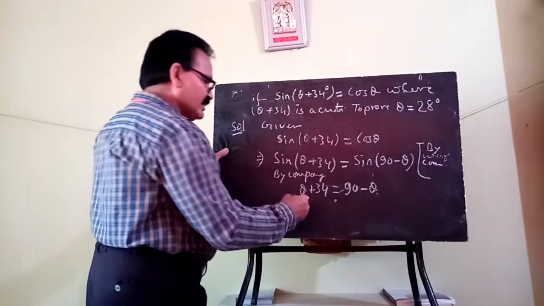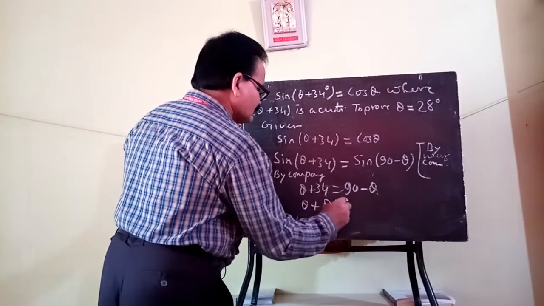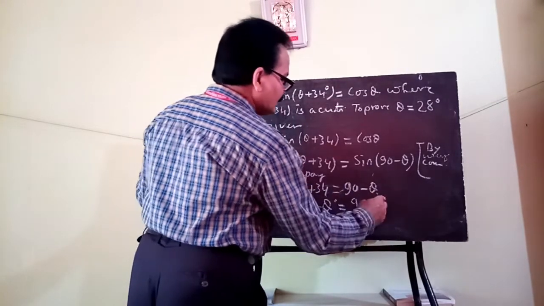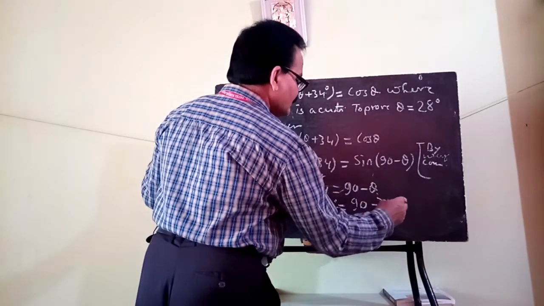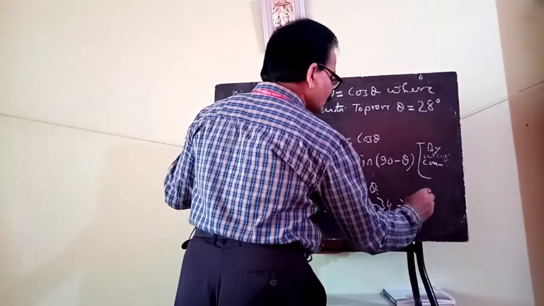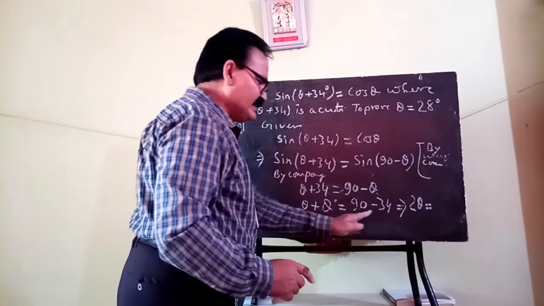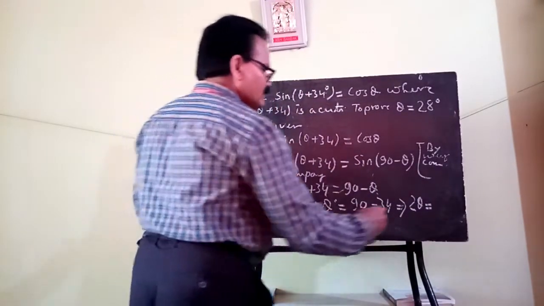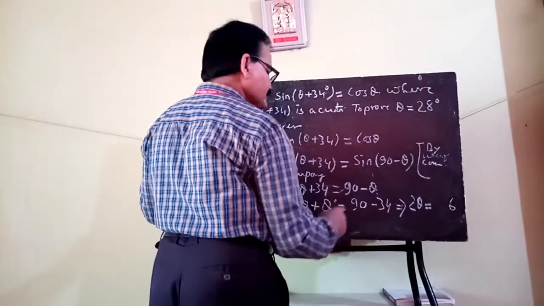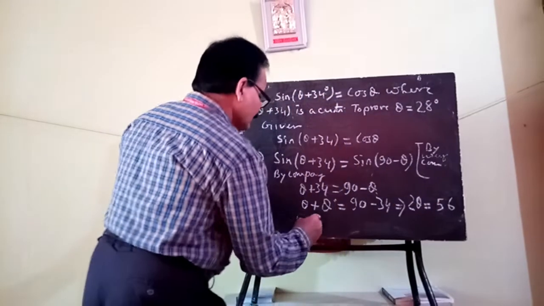Okay, now rearrange here. You take this theta and transpose it to this side, and transpose 34 to that side. So here what you have got is 2 theta equals 90 minus 34, which is 56.